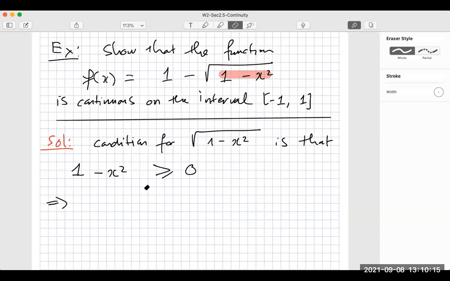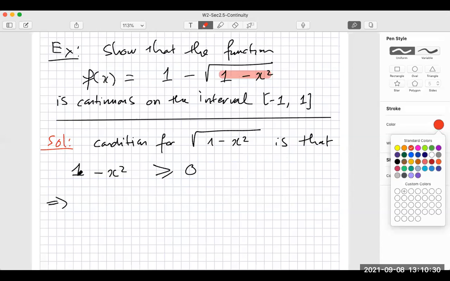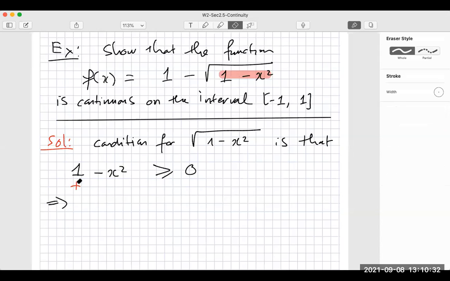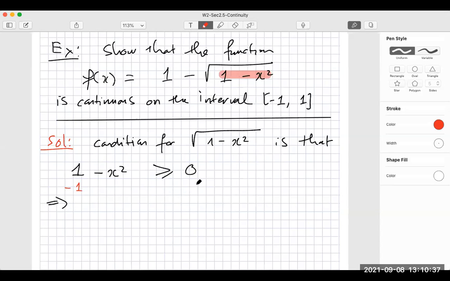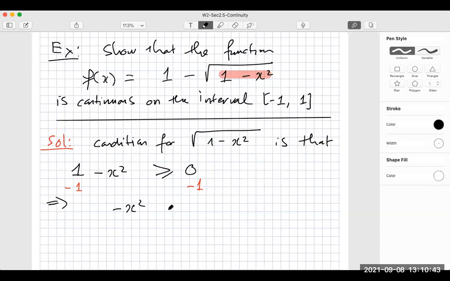We subtract both sides by 1, or whatever way. If we add -1 to both sides, what do we have? Then it will be... okay.